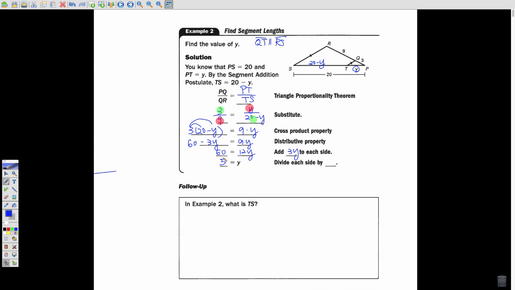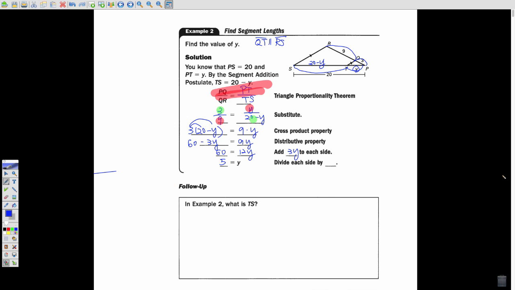Okay? So again, figure out where the parallel lines are, and then figure out the different segments and make sure that you match them up. Set up the proportion like what we did here, and then the rest of it is all algebra.